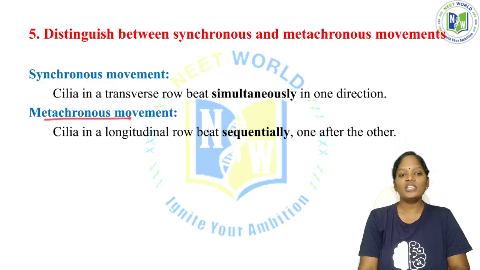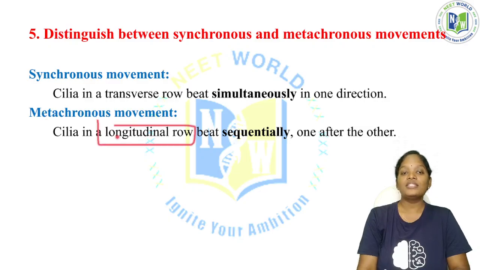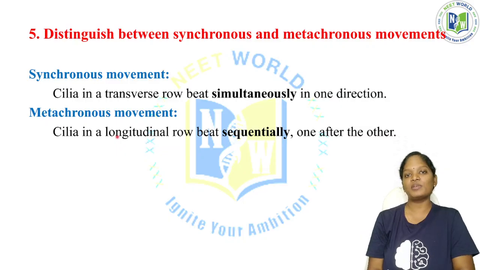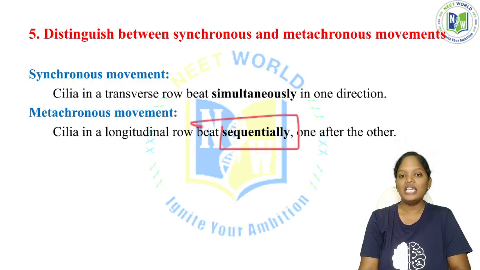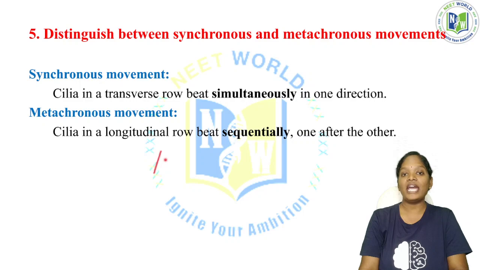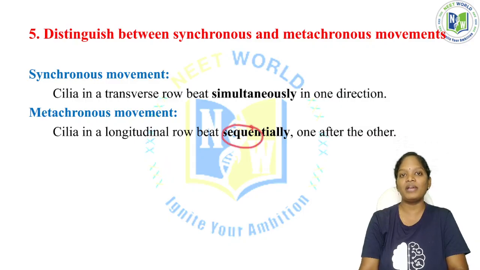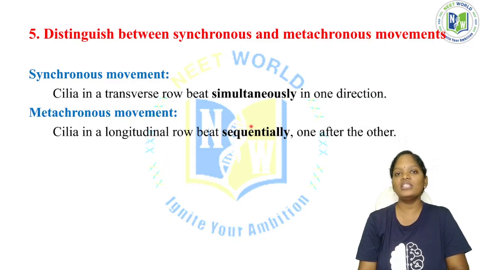And the metachronous movement: here the cilia are in the longitudinal row. The cilia present in the longitudinal row beat sequentially, one after the other, which means one cilium will beat, and after that, another cilium will beat, followed by another.